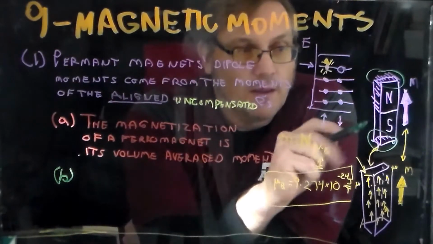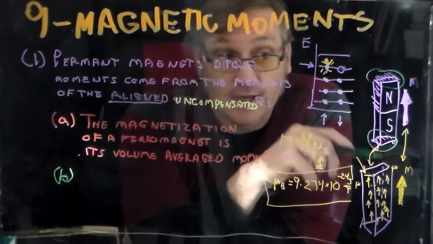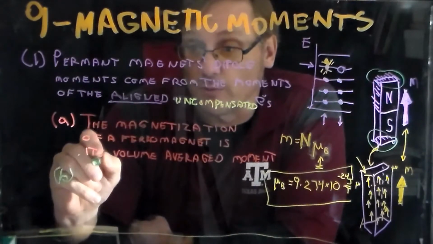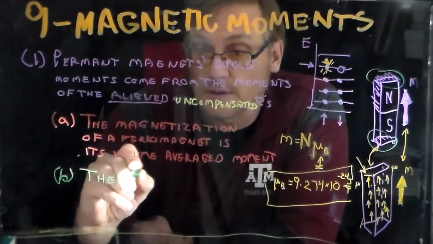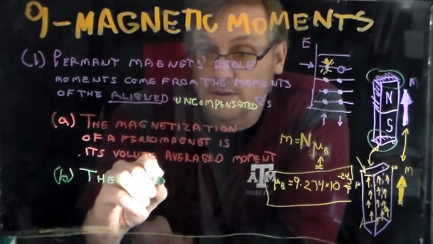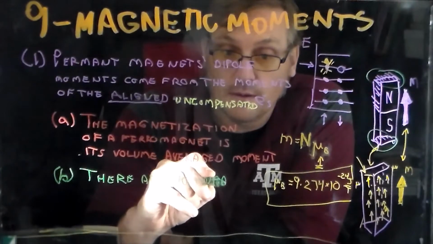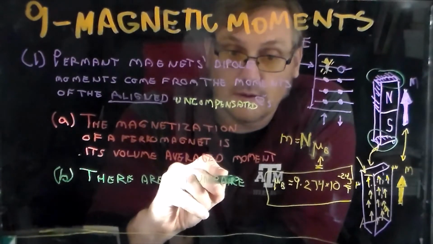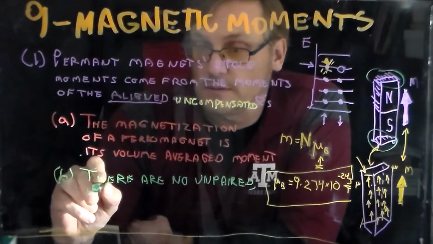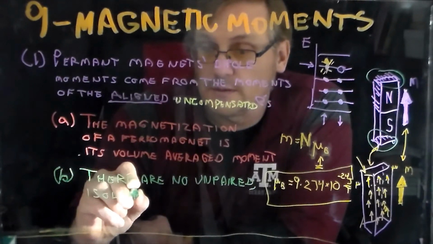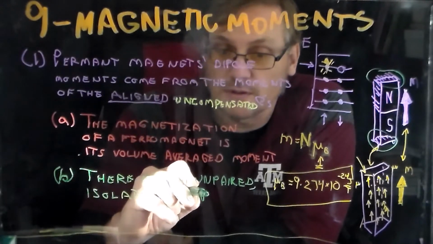But that's all it is, a way to do math. There aren't any charges on either side, or to be more precise, there are no unpaired or isolated magnetic charges.